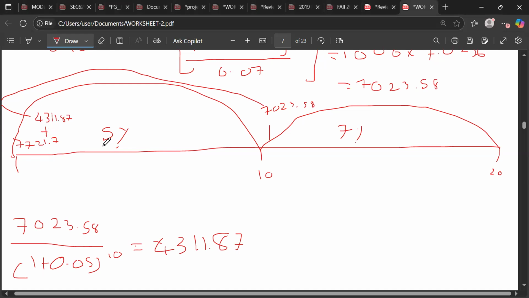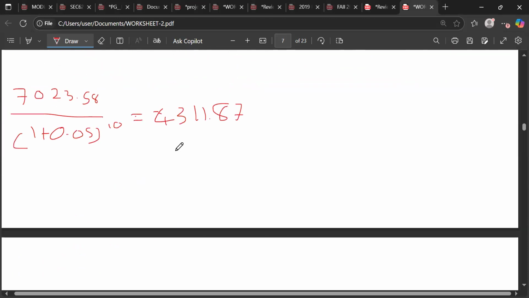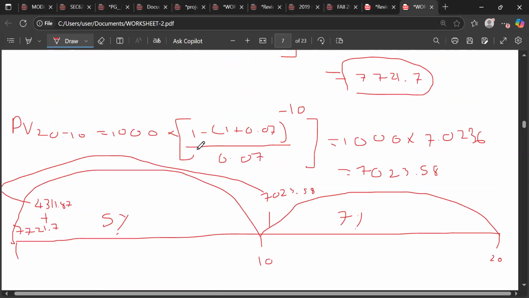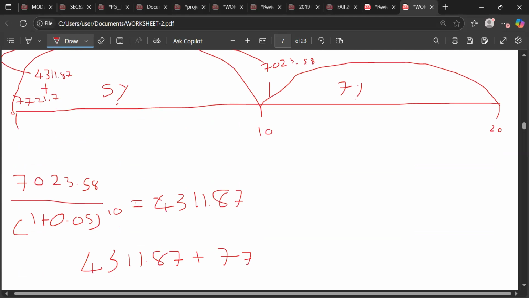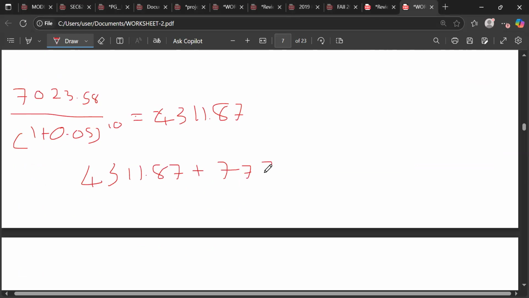So if we add these two values, we're saying 4,311.87 plus 7,721.87, which is going to give us 12,033.5698 kwacha.